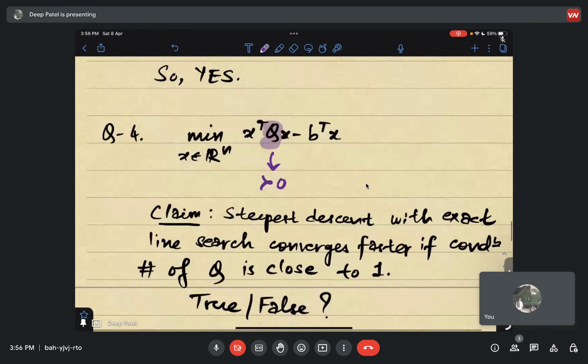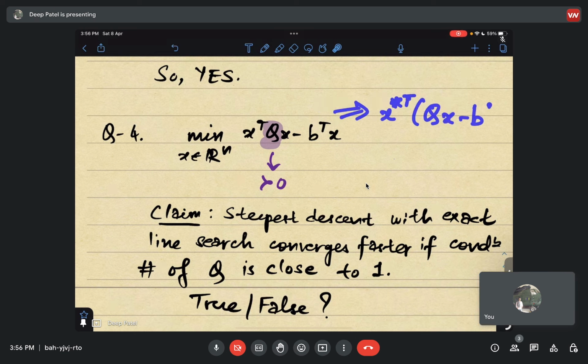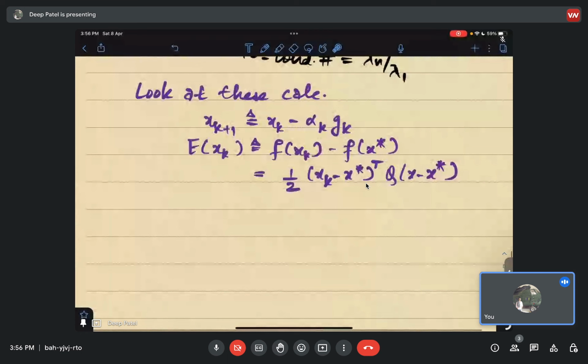The reason is that if you put the first order necessary condition, you have Q x star equals b. So when you put that, the term x star transpose (Qx minus b) vanishes. That's why we have only the rest of the terms.